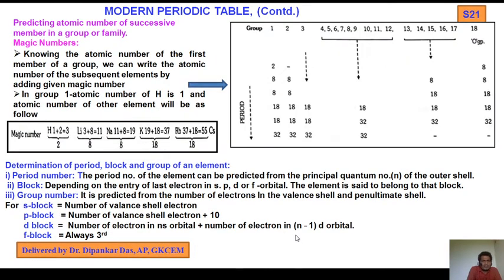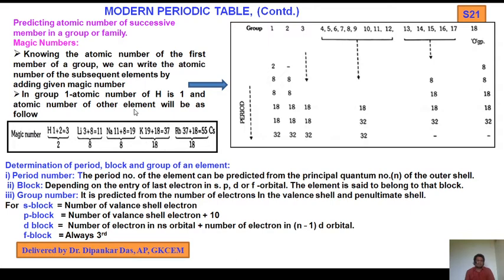Predicting atomic number of successive member in a group or family. We have gone through the magic number. Knowing the atomic number of the first member of a group, we can write the atomic number of the subsequent element by adding the given magic number.